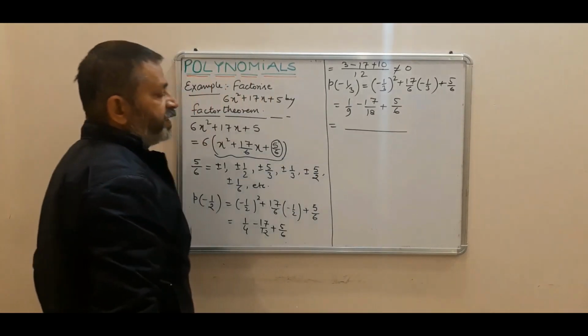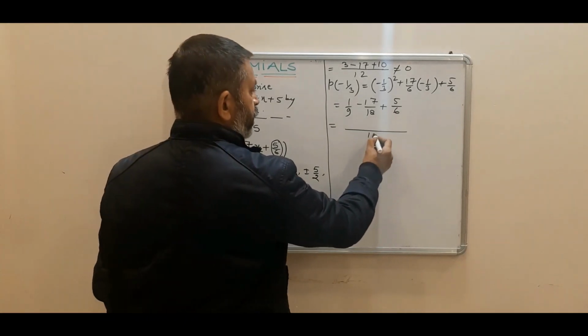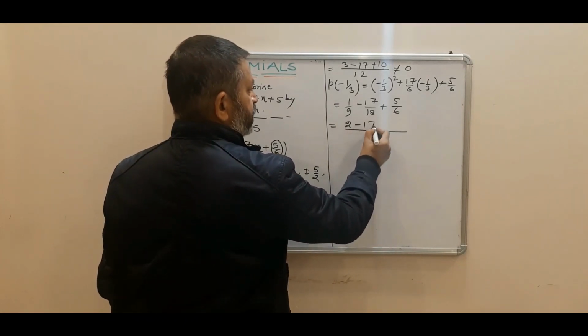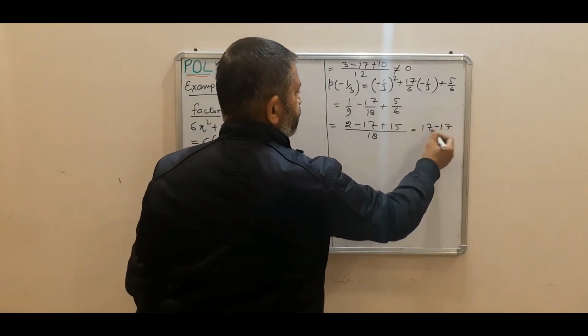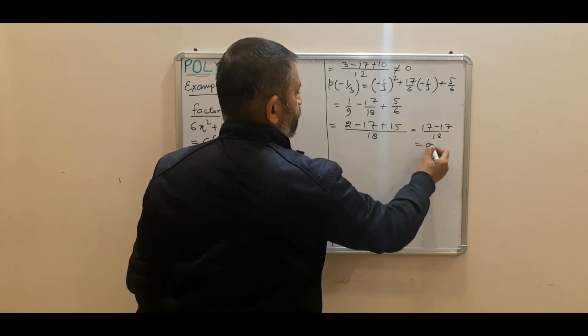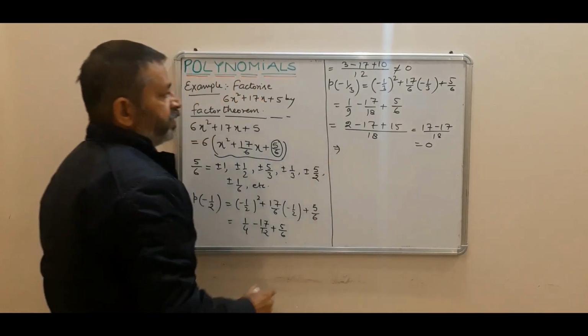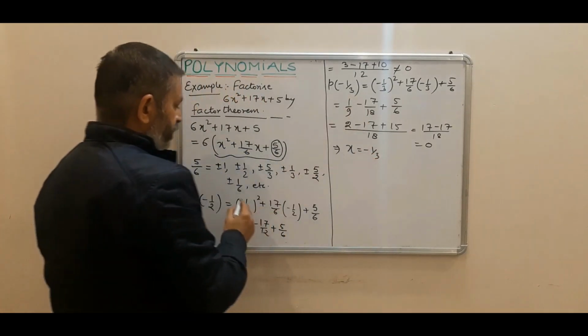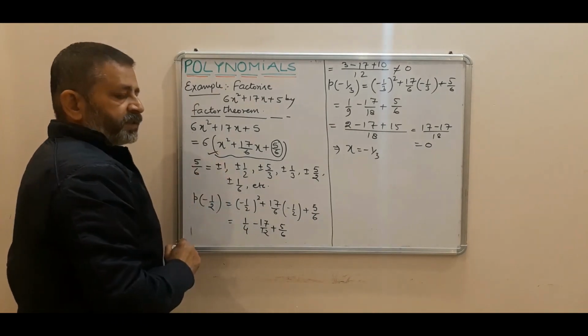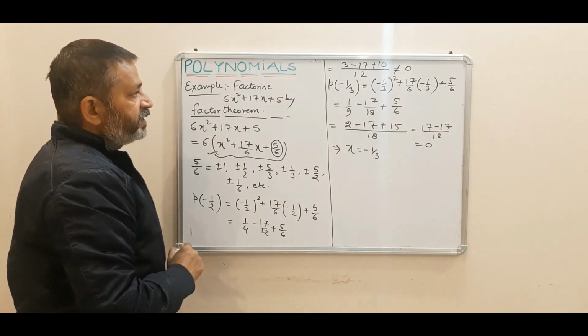LCM of 9, 6 and 18 is 18 only. It is 2 minus 17 plus 15, which is 17 minus 17 upon 18. It is coming as 0. It means x is equals to minus 1 by 3 is satisfying this expression.